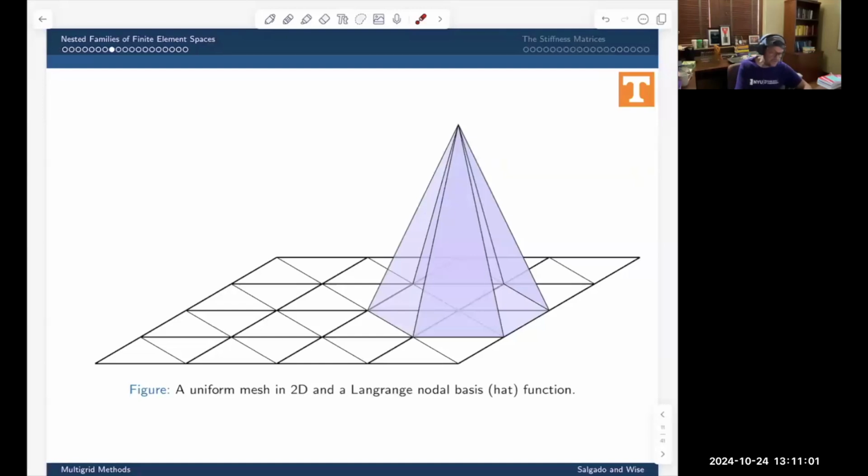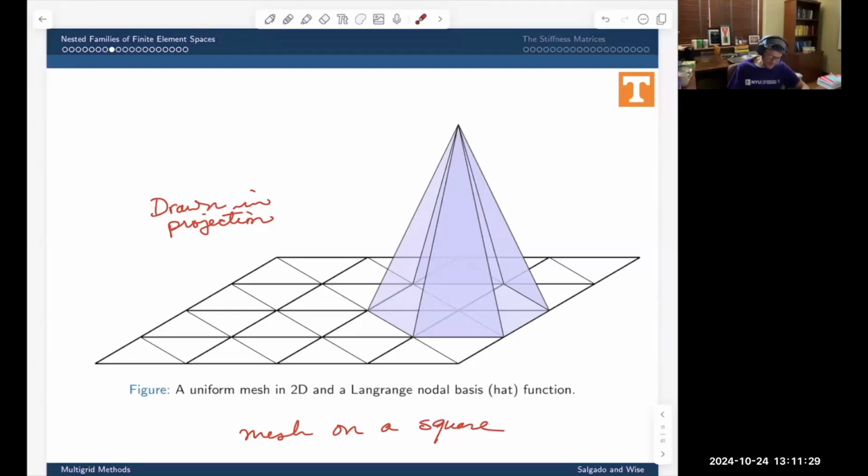So I probably should emphasize that. It's actually the mesh of a square, or the grid over a square. Okay, so just so you're not confused.